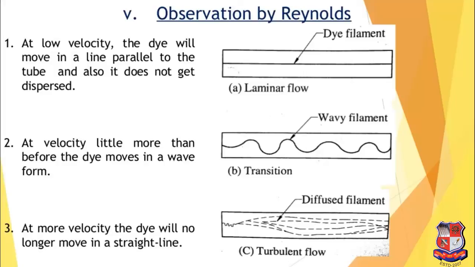Here in the laminar flow, you can see the dye filament at a certain velocity, which is very low. The flow will be laminar because the dye filament is straight. For a little more velocity, the filament will become wavy. It will not be uniform, and that will be a transition phase. And in the third phase, you cannot say clearly what kind of velocity vector is going through this flow, so that flow will be termed as turbulent flow.